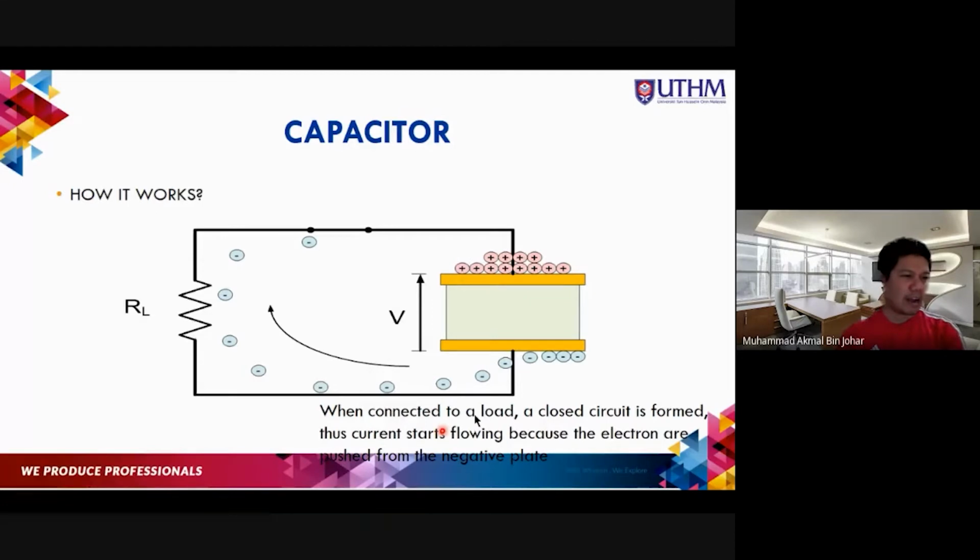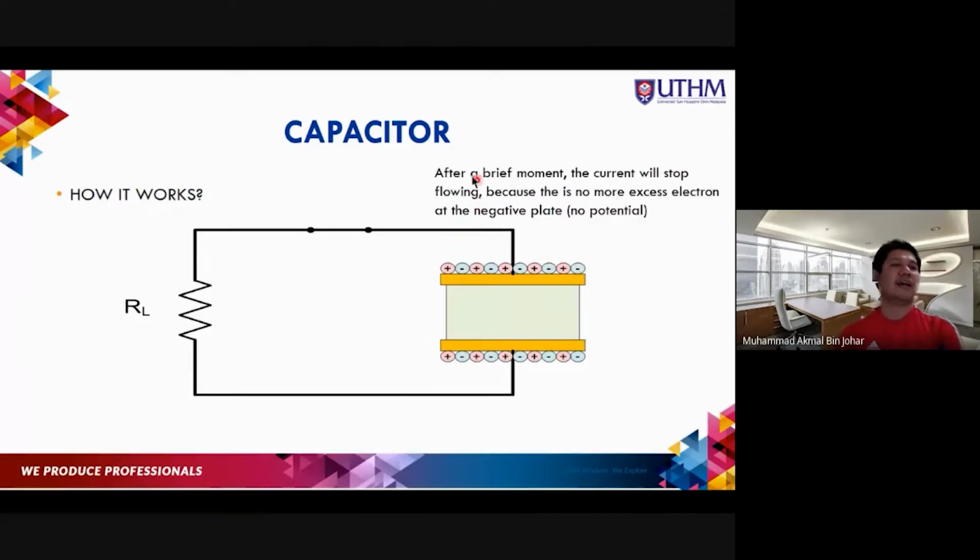In the initial state, current will start flowing for a brief moment, until the current stops flowing when there is no more excess electron at the negative plate, or we can say equilibrium has been reached, and the positive and negative charge are equal at both parts.